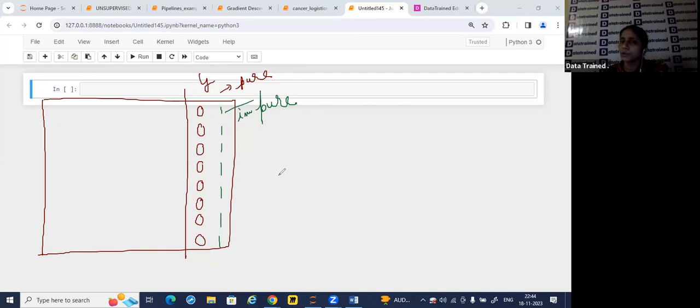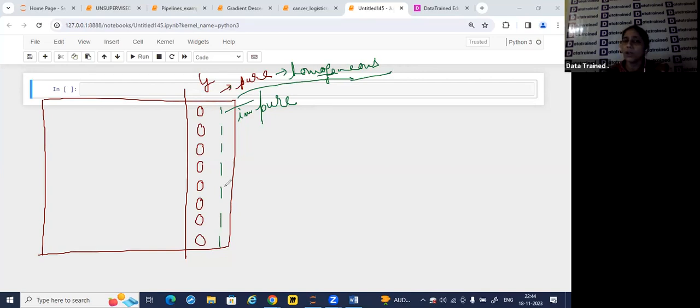Whenever I say pure, it means homogeneous. If my data set has only 0, 0, 0, 0, 0, I will say my data has homogeneous values. My data set has pure values, homogeneous.